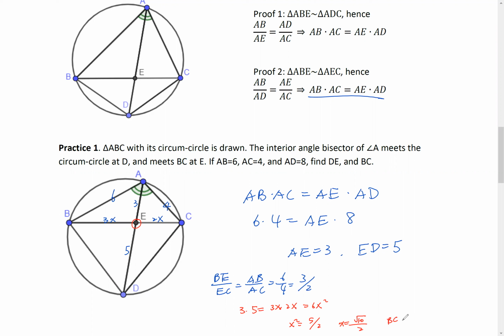BC is 5x, right? It's 5 over 2 times square root of 10, right? All right, so if you think about power of a point at point E, it seems to be quite straightforward.